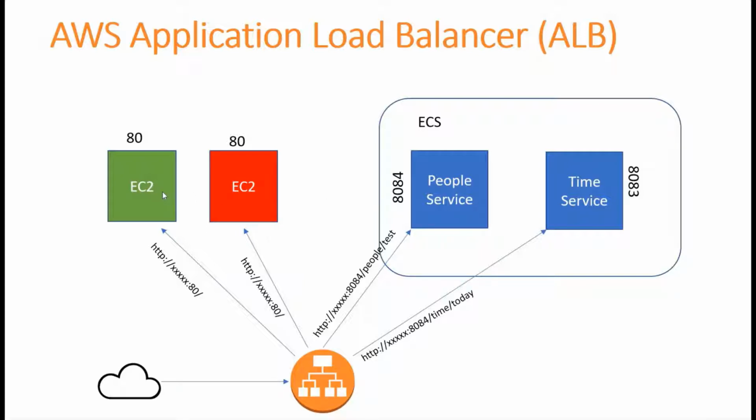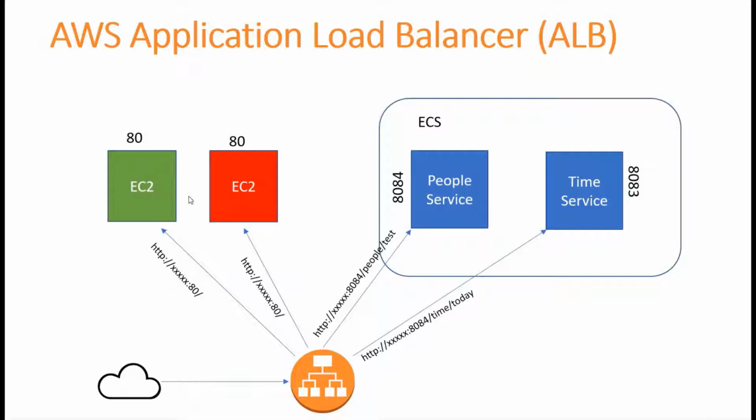Here we have a green and a red instance which run the same application on the same port, port 80. And these two services run on different ports. Whenever the traffic comes, the listener checks which port it is, and if it gets the default port 80, it automatically routes to these two applications.